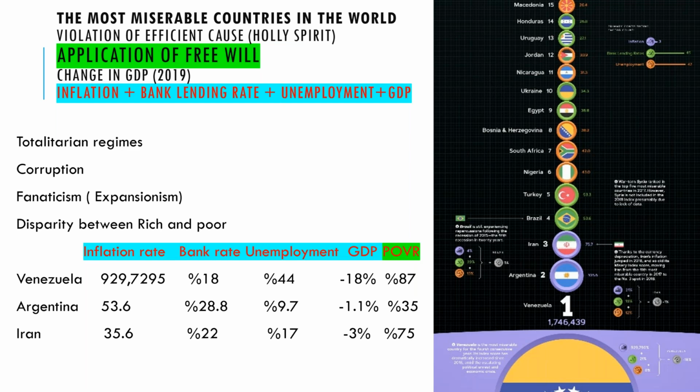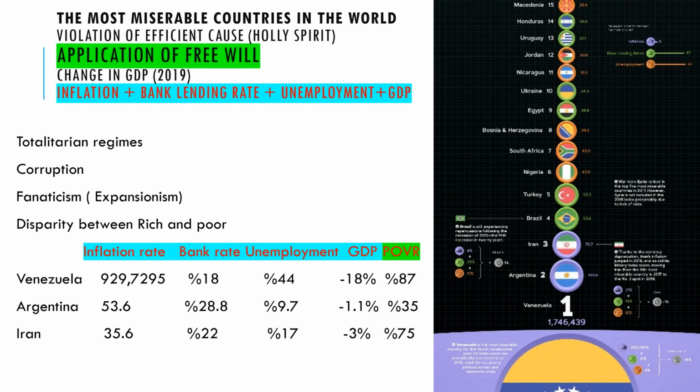If you look at the most miserable people on earth, based on this calculation, it is Venezuela. And if you look at their inflation rate, it's phenomenally large. Their bank rate is 18%, unemployment is 44%, their GDP growth is minus 18%, and the poverty rate is 87%. 87% of the population is in poverty.